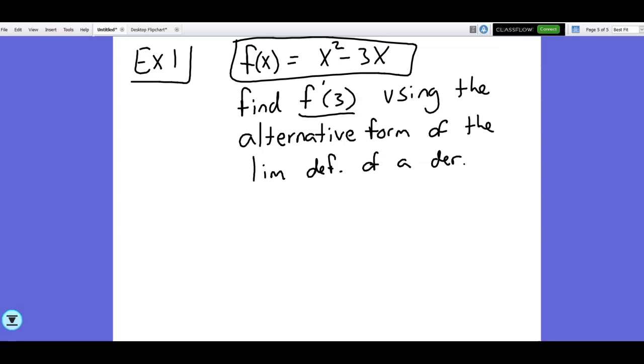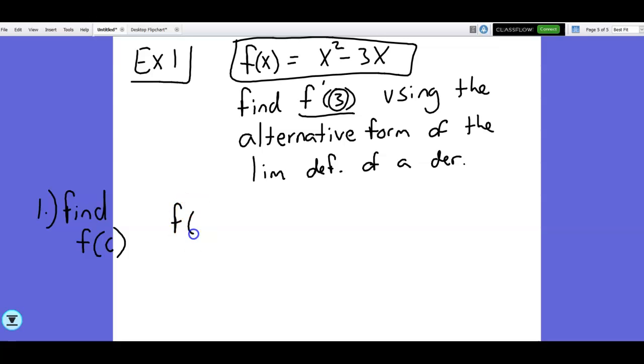So how do we use this alternative form? Well, the first step is I want you guys to find, remember last time was find f of x plus h first? Well, in this case, I want you guys to find f of c first. Okay? Now, this number right here, that's your c value. So I want to find f of c.